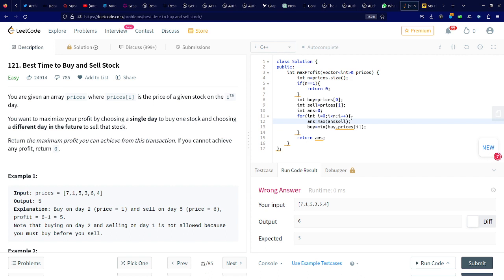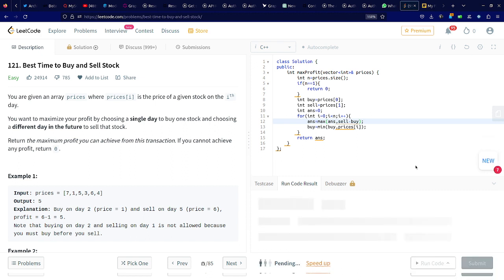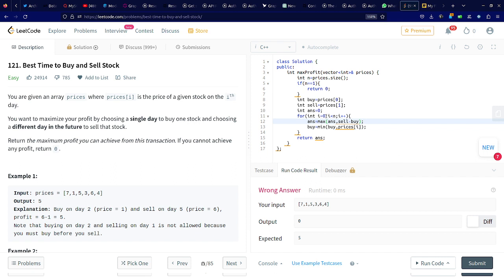Sorry, it should be sell minus buy. The current element, we are putting the current element to be the sell variable, because at each index we are trying to get the sell variable.